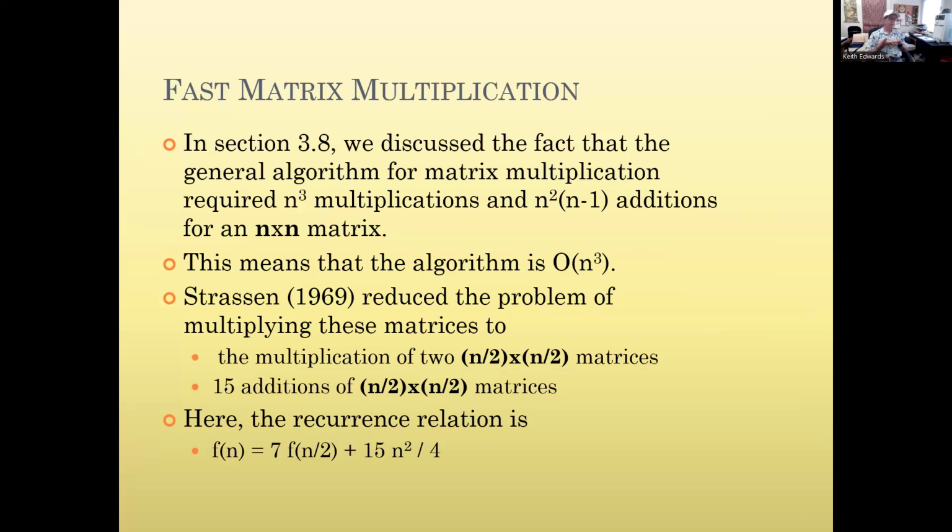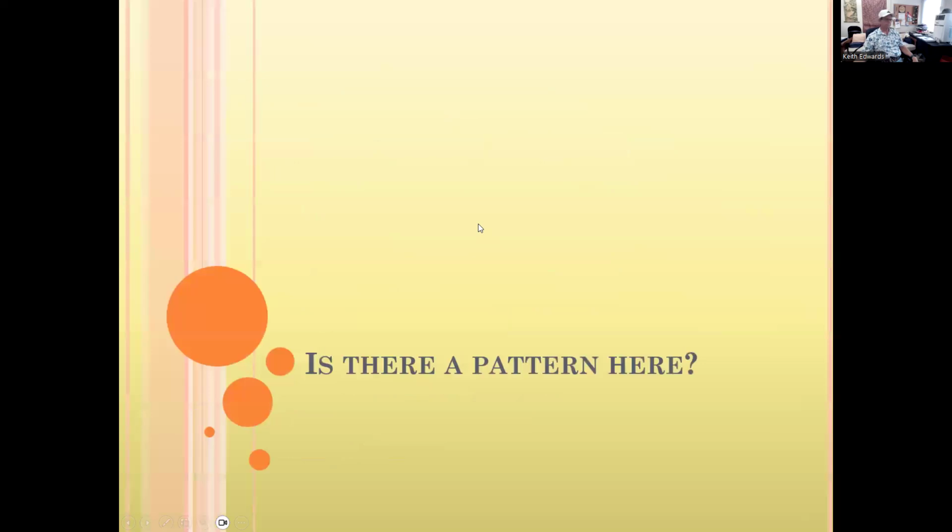So the recurrence relation here is 7 f of n divided by 2 plus 15 n squared divided by 4. The algorithm for this one isn't given in the book, but there's some online material, and I'm certain that you could find it at a good reference site if you wanted to see how Strassen actually coded this up.